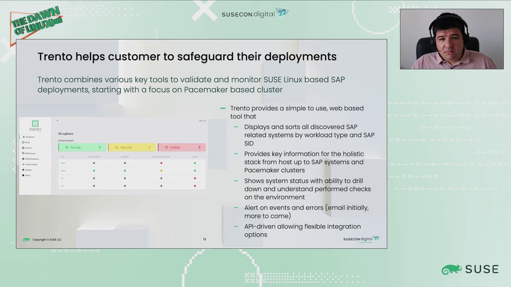And more important, Trento is also aimed to be integrated, serving the most flexible needs of modern IT infrastructure. So it's API-driven, and it must not be consumed only as a single tool or a single application, but it will allow you to flexibly integrate with any other systems and ecosystems where you want to have it deployed, serving all the information needs and information workflows you have in your IT infrastructure.